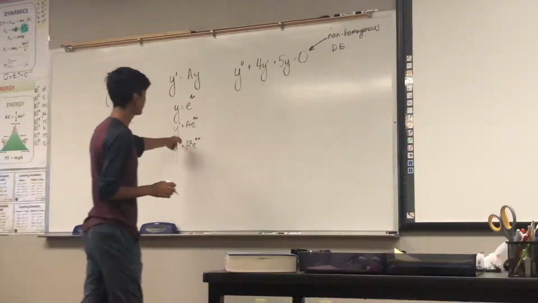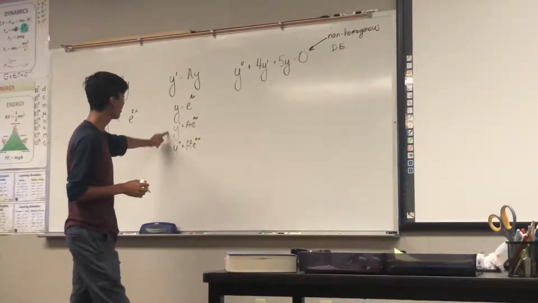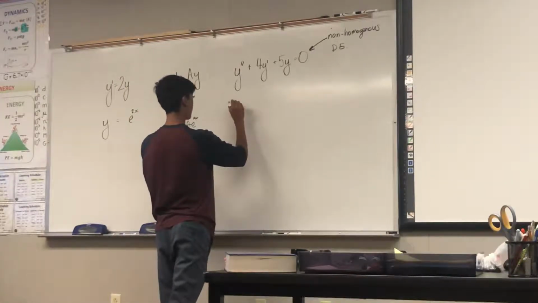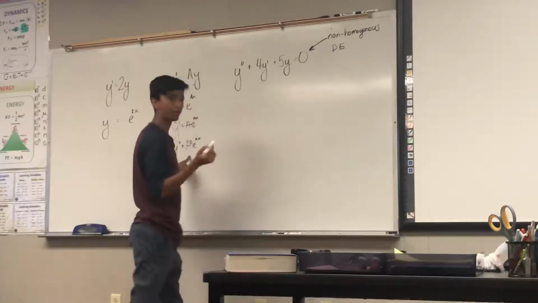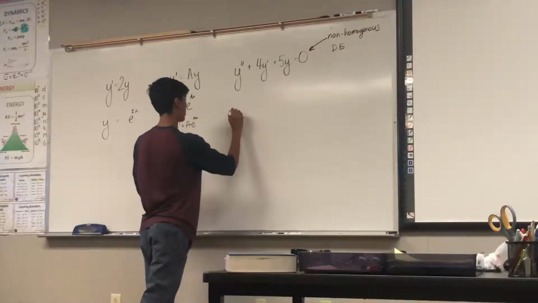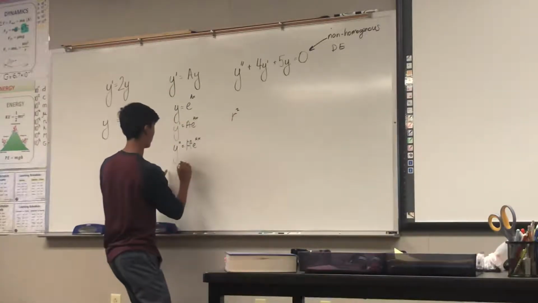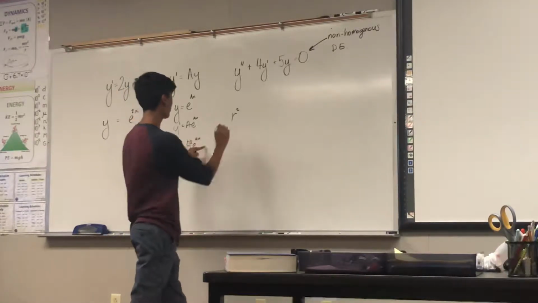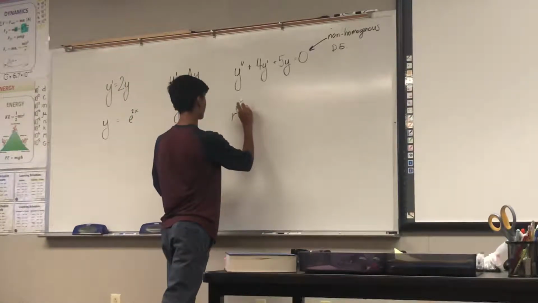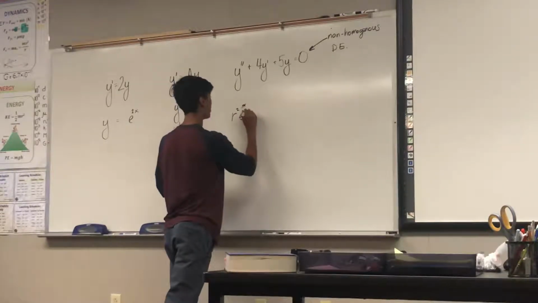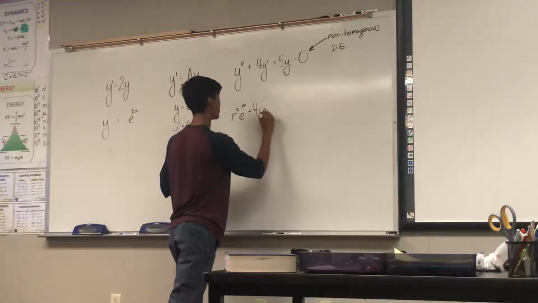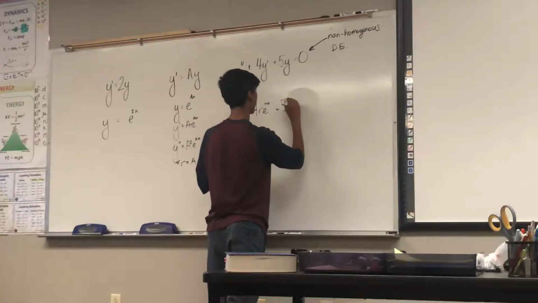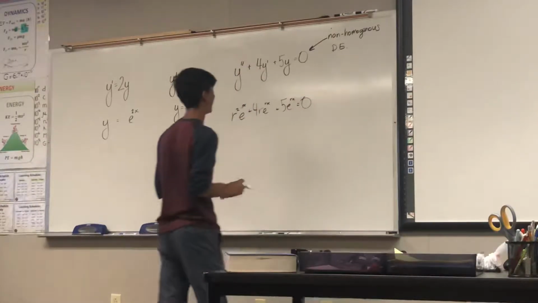So we plug all these three forms of y back in. I'm going to write r instead of a, because that's generally how it's written. So r squared e to the rx, plus 4r e to the rx, plus 5 e to the rx equals 0.